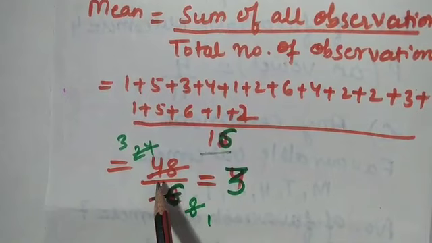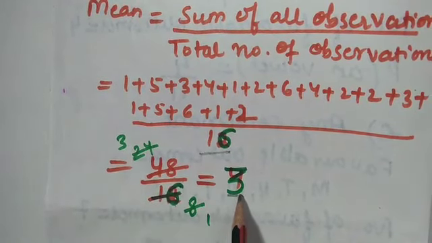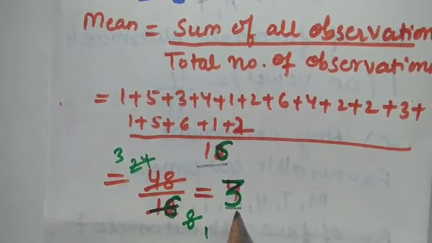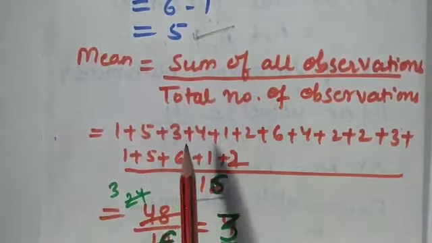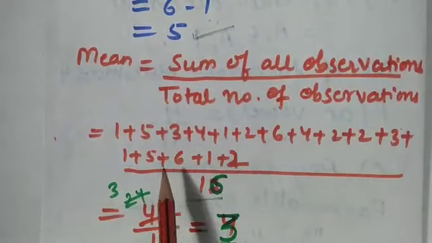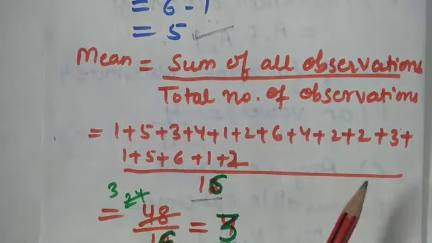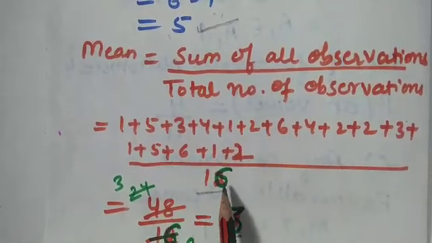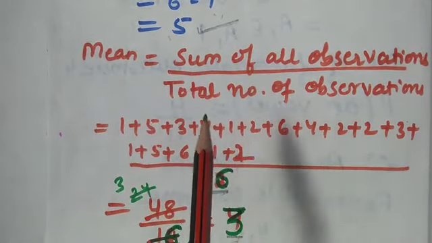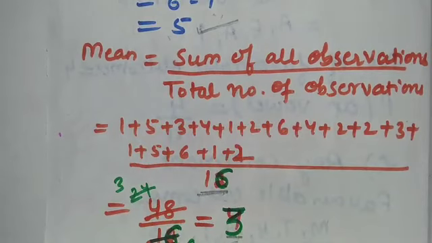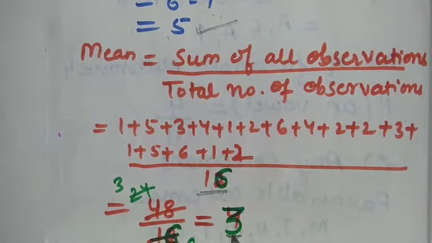On adding them I get 48. 48 divided by 16 I get 3. So the mean is 3. Sum of all observations divided by the total number of observations. On adding all the observations I am getting 48 and I have to divide it by 16, because the number of observations given is 16. So your answer is 3. So the mean is 3.